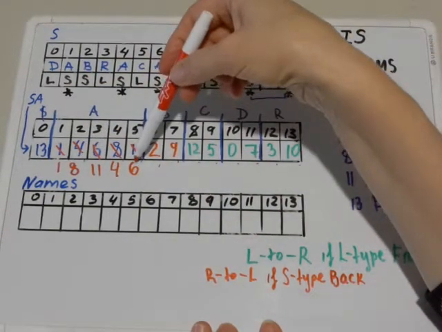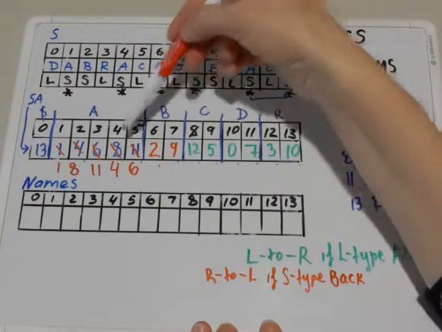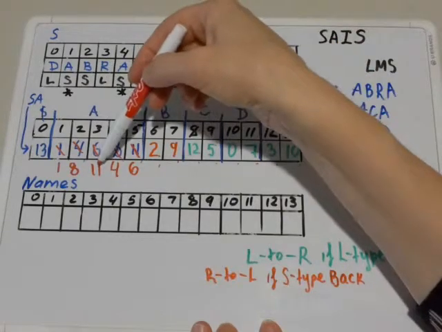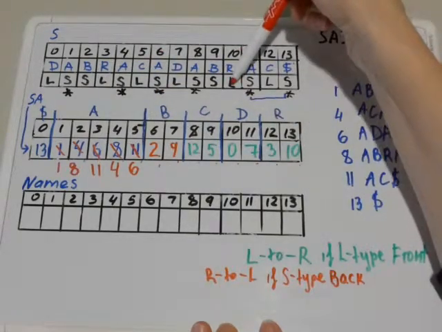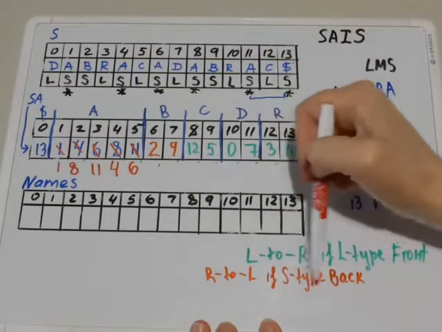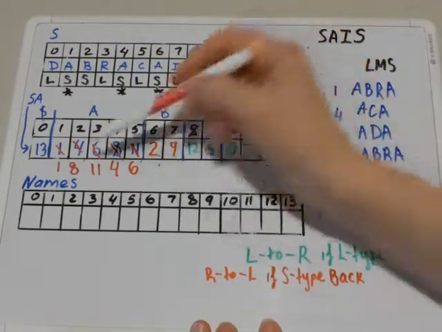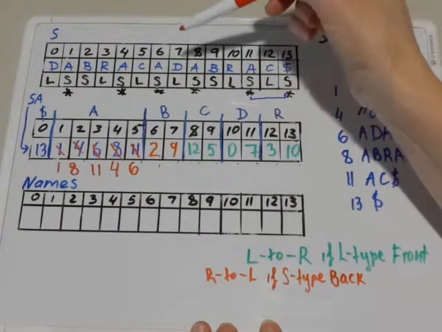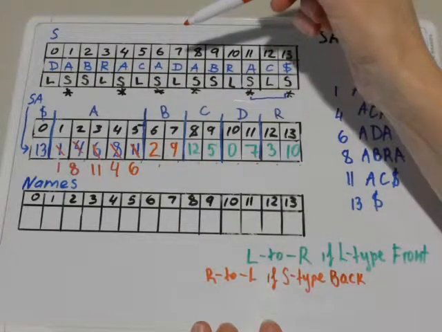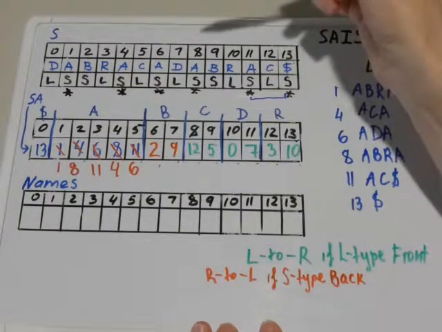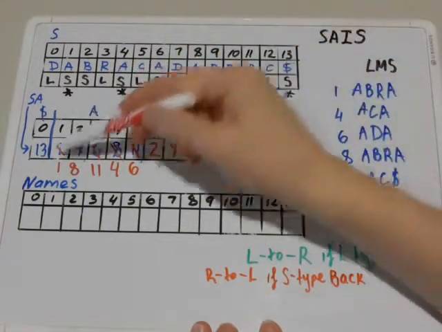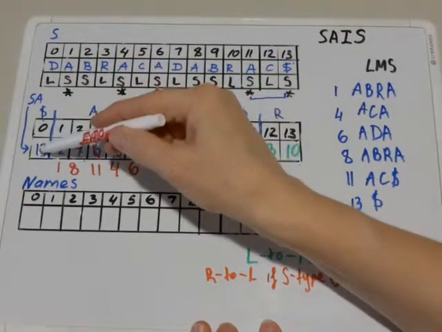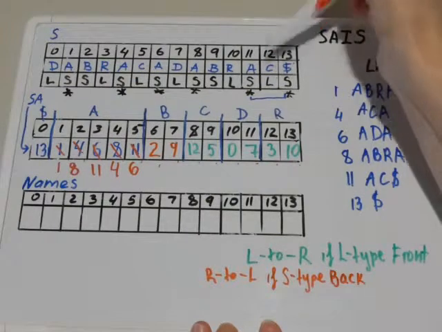6 minus 1 is 5. 5 is L, ignore. 4 minus 1 is 3. L, ignore. 11 minus 1 is 10, of L type, ignore, because right now we're only paying attention to S type. 8 minus 1 is 7. 8 is L-type, so we ignore it. 1 minus 1 is 0, L-type, we ignore it. 13 minus 1 is 12, L-type, we ignore it.